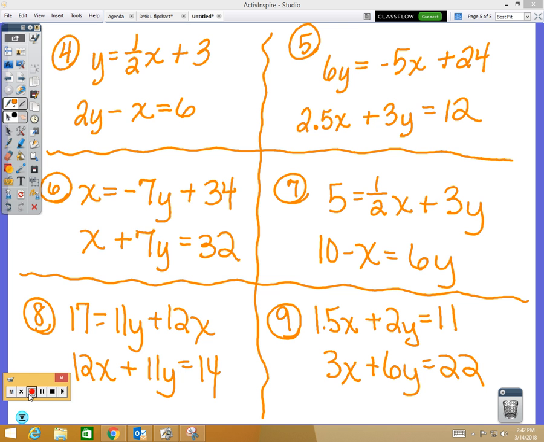So again, you're writing down the system. If it's not in y equals mx plus b form, you're converting it to y equals mx plus b form. And then you're saying one solution, no solution, or infinite solutions. You can just say one, no, and infinite. Okay?